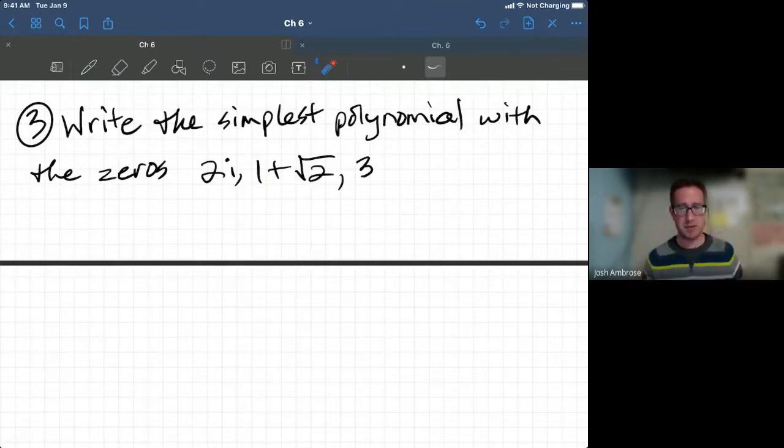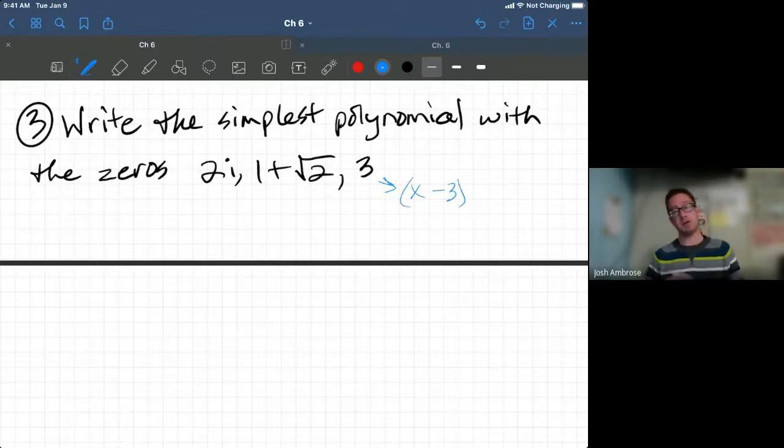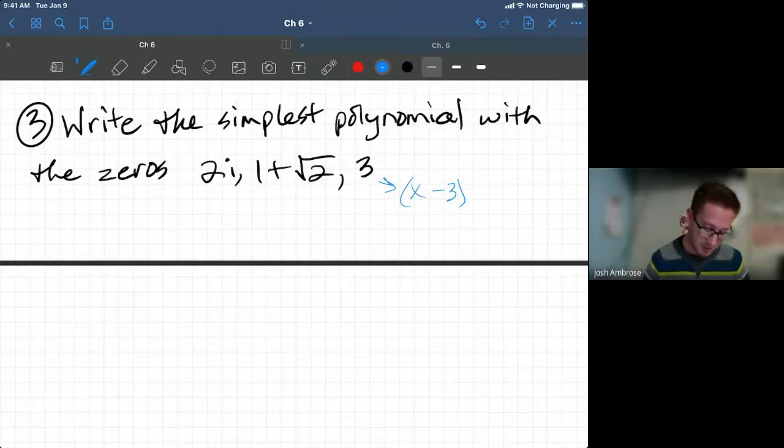Okay, and I'm going to write this all down for you so you can see. This is the really simple one, right? Take a look at the number 3. All that is just x minus 3, and we have our binomial that we will eventually be working with. But oh, that was great. That was so easy. But here's what I mean when I say the conjugate.